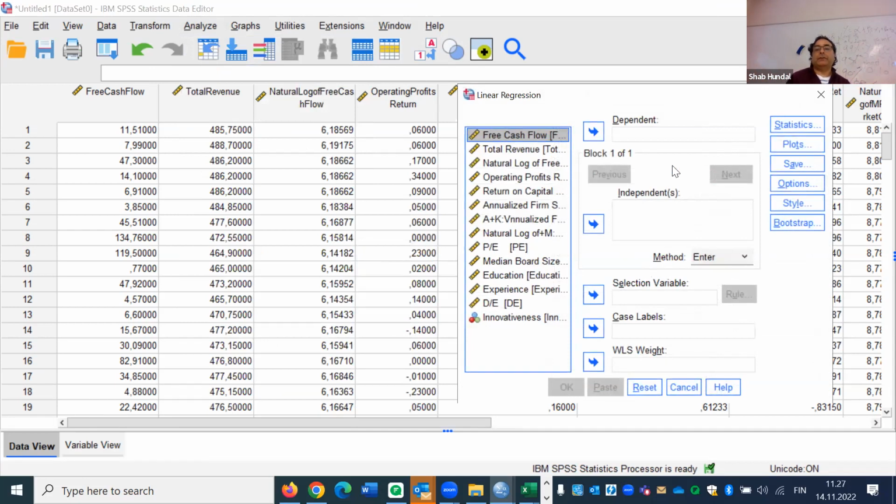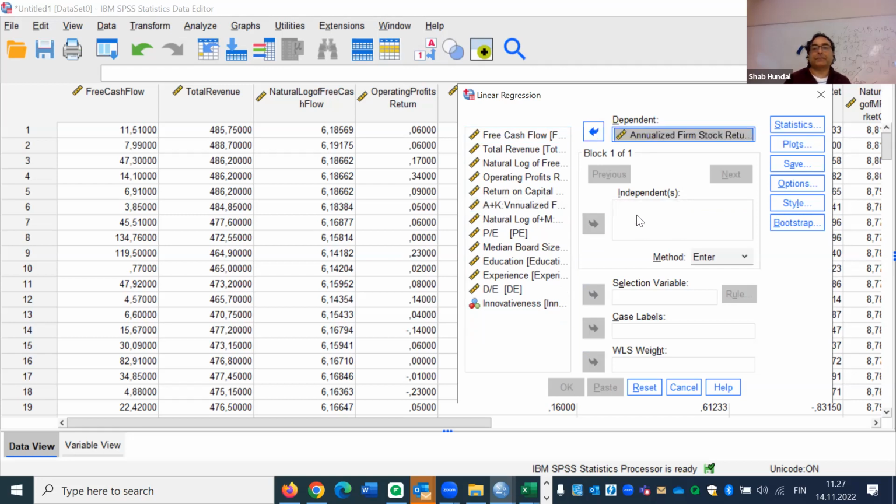Now, you see, there are two fields, one for dependent and the other for independent. Is there a difference? In correlation, there was no such difference because we merged all of them together. So please tell me, who is our dependent variable this time? Annualized return of the firm. I select it, I put it here.